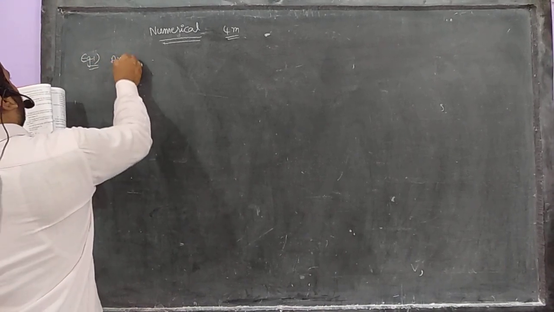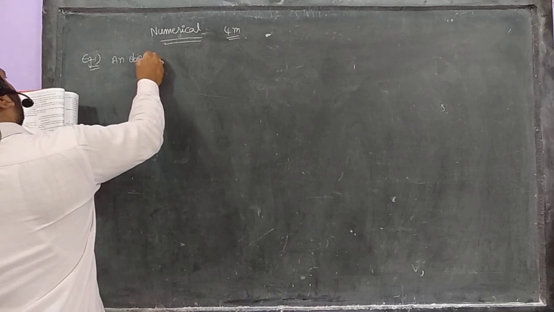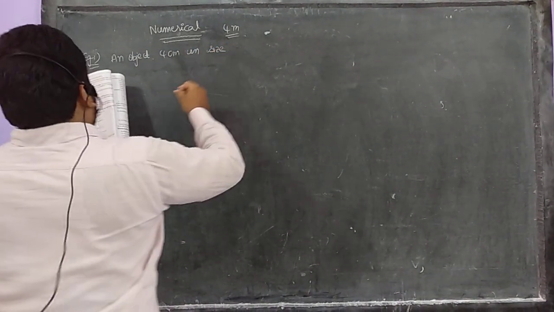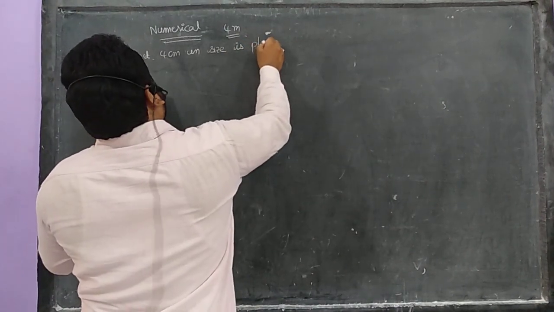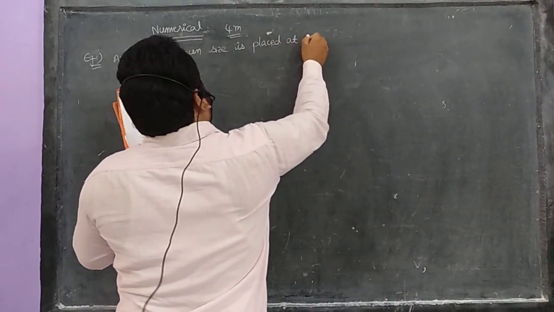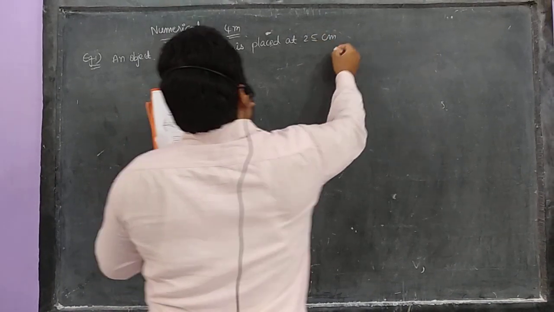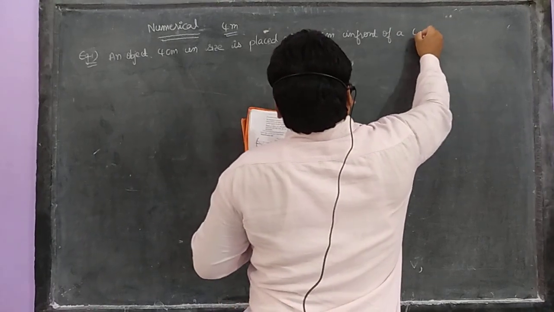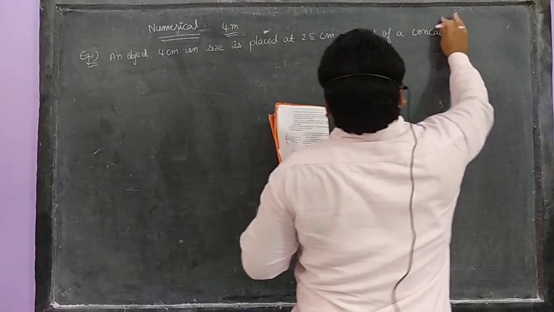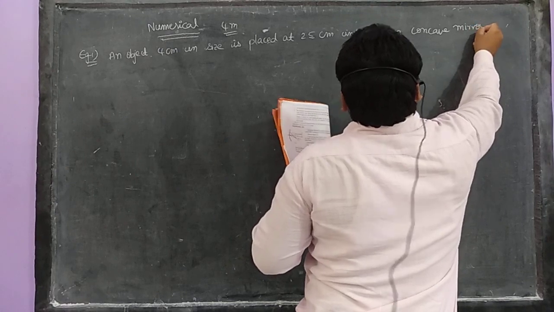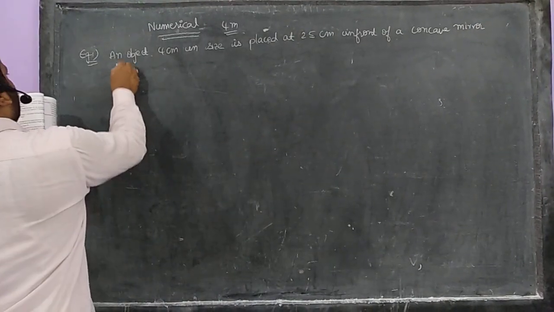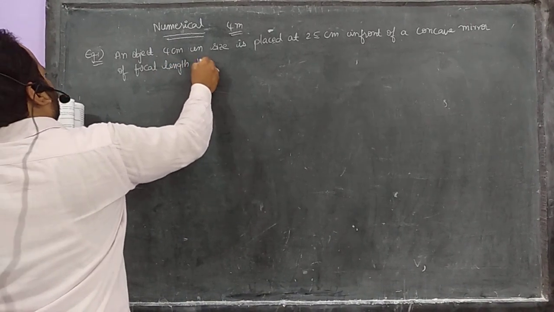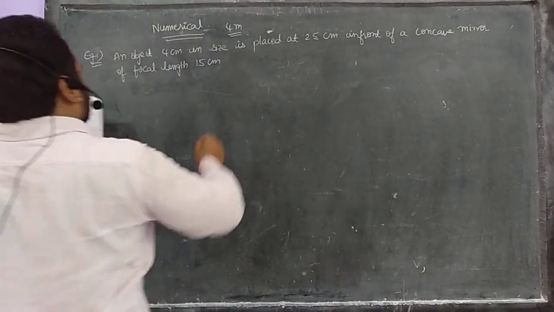An object 4 centimeter in size is placed at 25 centimeter in front of a concave mirror of focal length 15 centimeter.